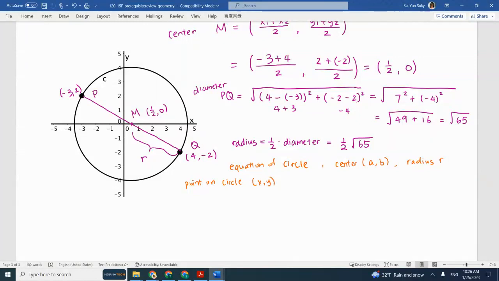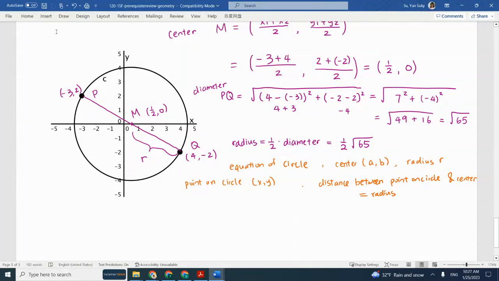What is the special thing about the circle? Well, the distance between the points on the circle and the center is always equal to the radius, right? So for a circle, the distance between the points on the circle and the center is always equal to the radius.